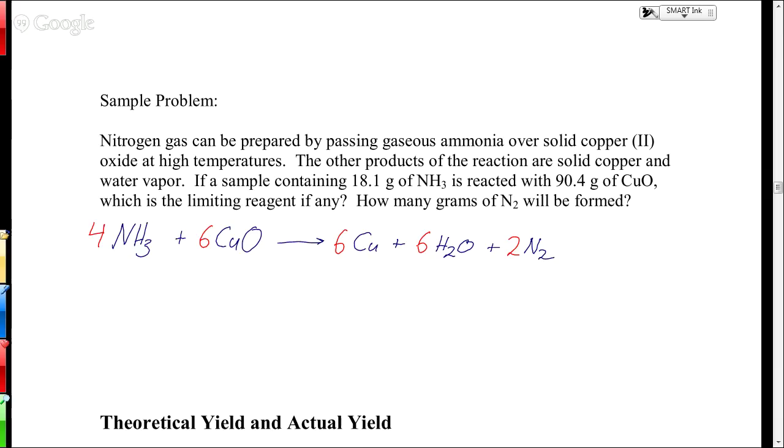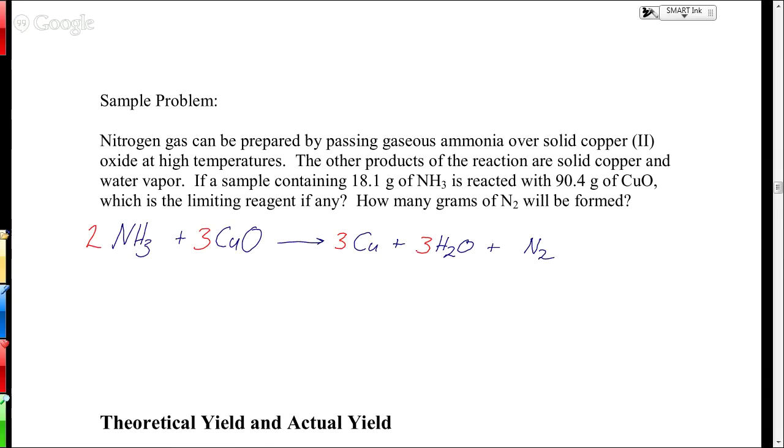But for a problem like this, it should still work, right? Because the ratios are the same. We might simplify it. Make this 2 and 3. You can always check that if you see that you have a bunch of even numbers. We can just simplify it like that. Divide everything by 2.